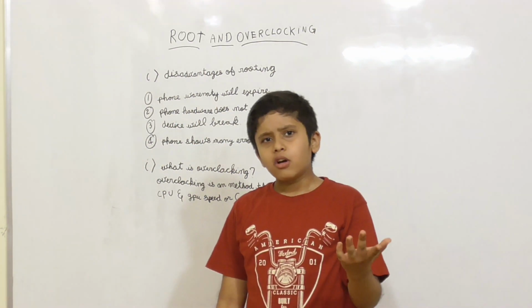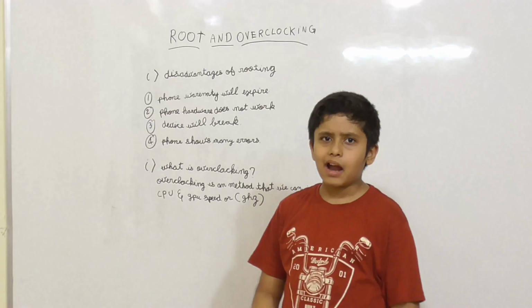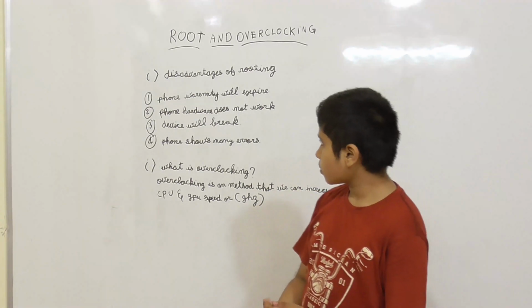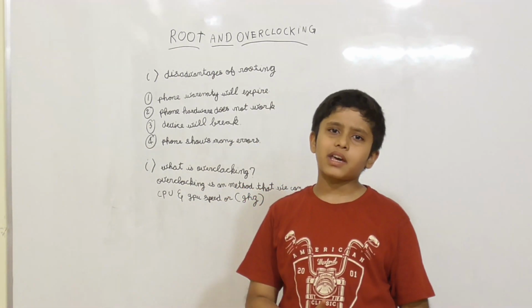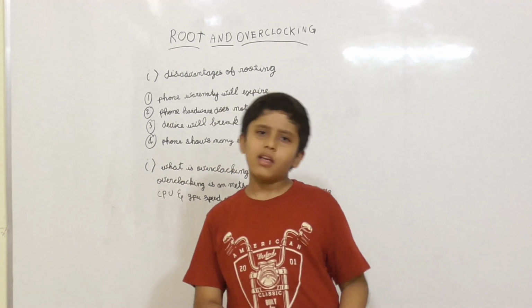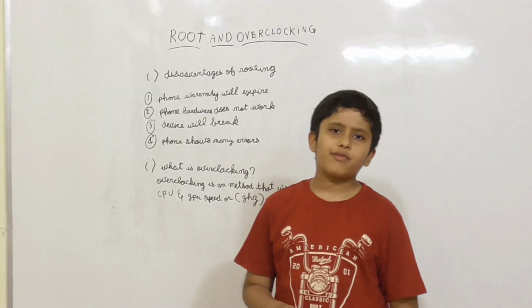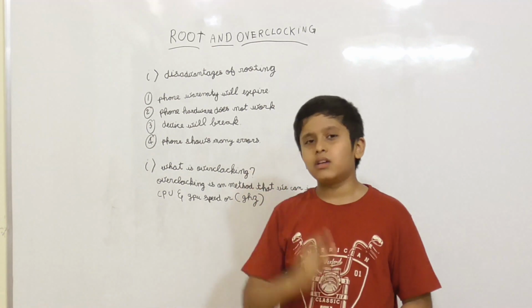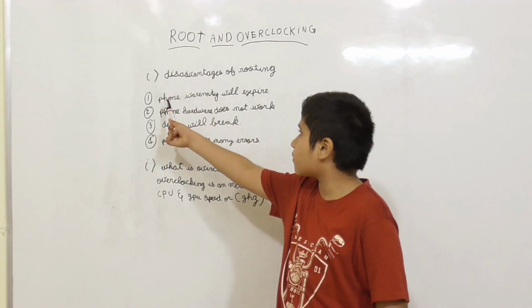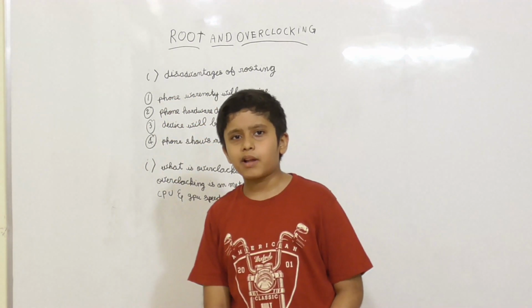Oh no, this is very bad, right? Phone warranty is very important to us. In case the screen is broken, if your phone has a warranty, we can change it. But if your phone has no warranty, they will not change the screen. Oh man, this is the first disadvantage of rooting your mobile phone.